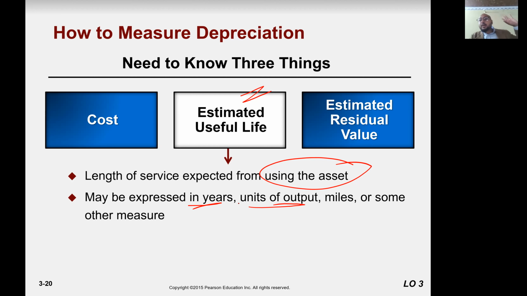If this is a light bulb, how many hours it can illuminate. Some other measures as well, like how many hours it can consume electricity, how many watt hours it will run. This kind of stuff.